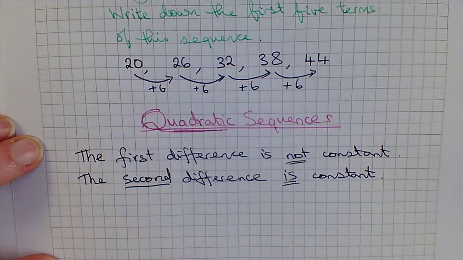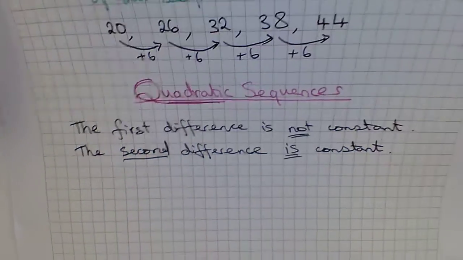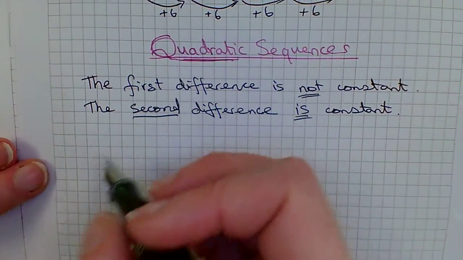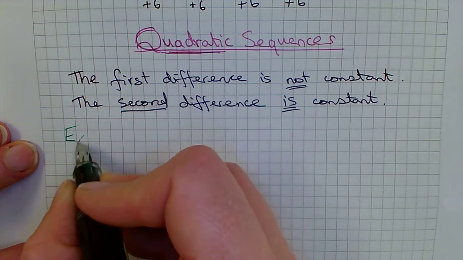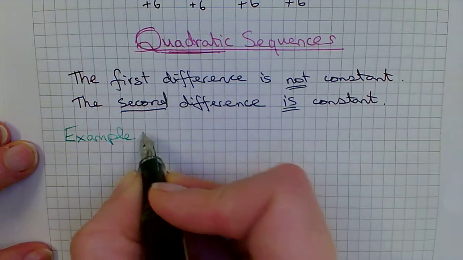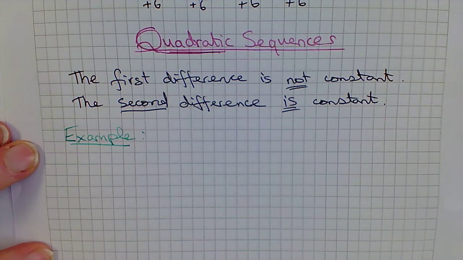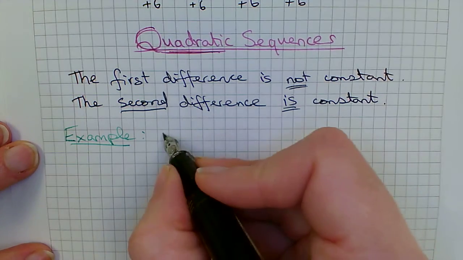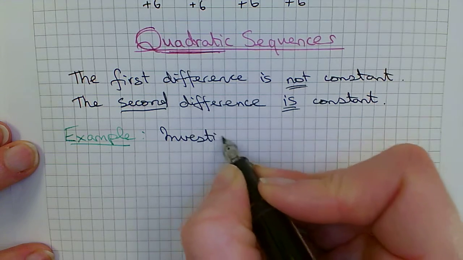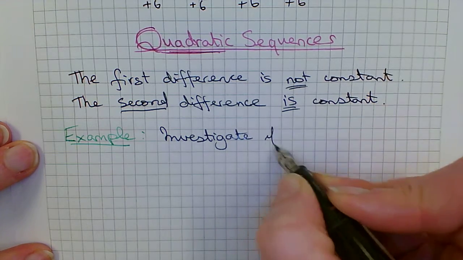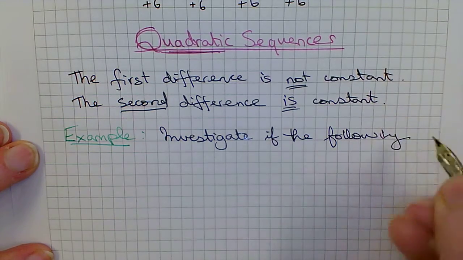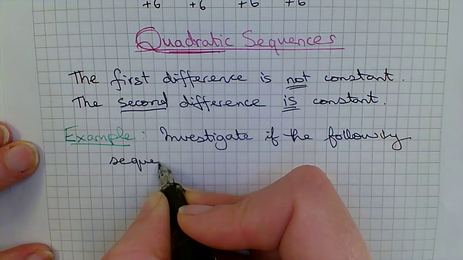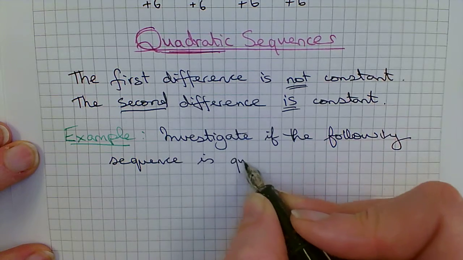Of course, quadratic sequences need to be numerical as well. All of these types of sequences that we're going to learn in the next while have to be numerical sequences because we need to be able to do addition, subtraction and multiplication with them. So, investigate if the following sequence is quadratic.